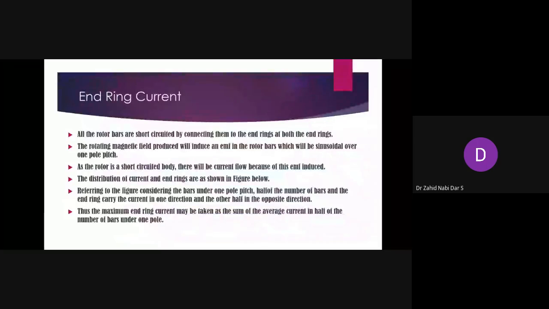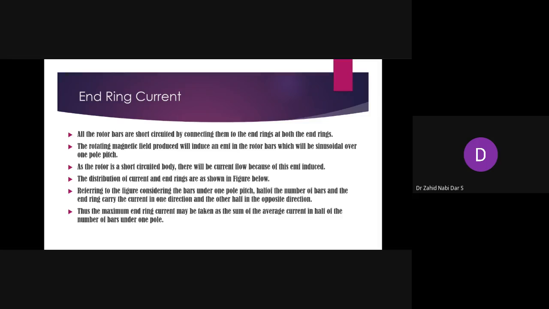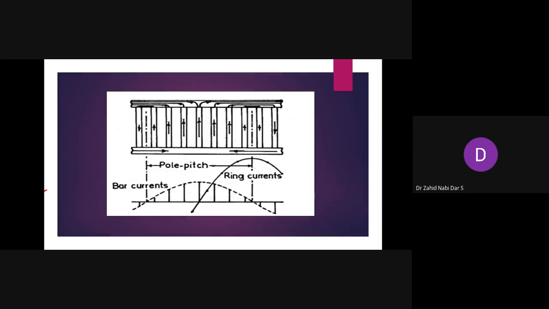We can see that the current flow is sinusoidal. In the figure, we can see the distribution of current in the end rings. The bars are under one pole pitch. Half of the number of bars in the end ring will carry the current in one direction, and the other half will carry it in the opposite direction.